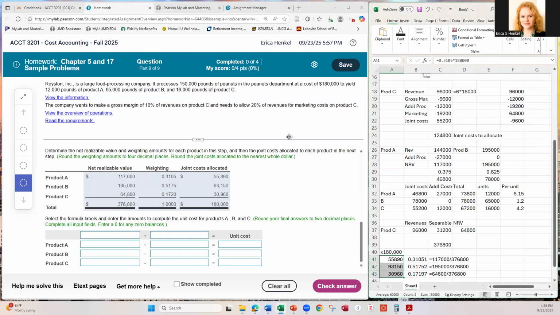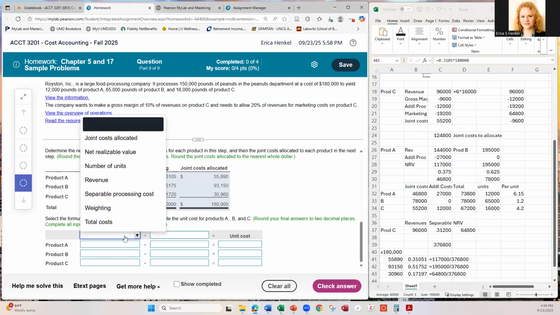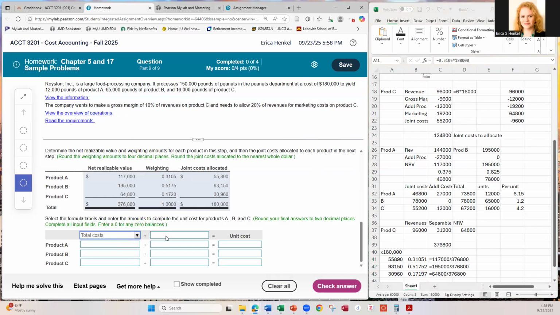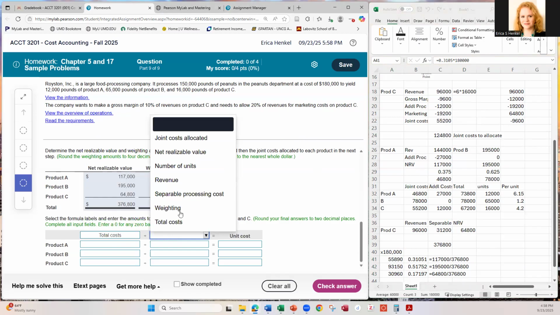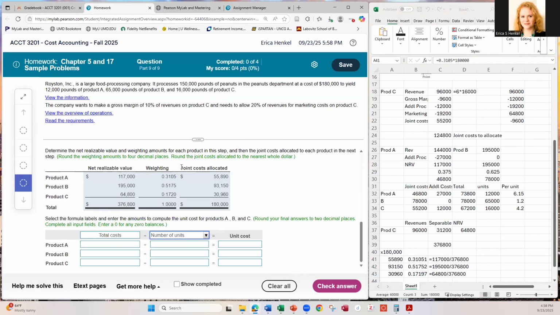All right, last part here, finally. We are going to, let's see, compute the unit costs again. So just taking our total costs divided by our number of units. And so for total costs now, let's copy this down here.